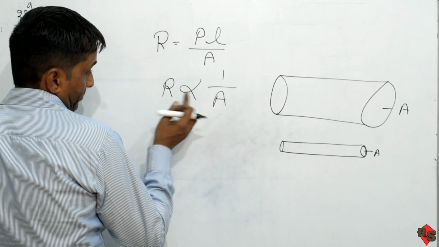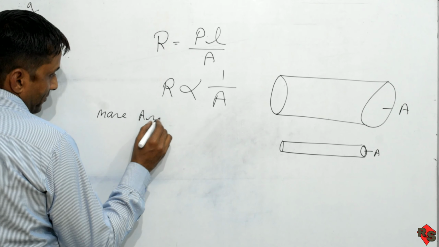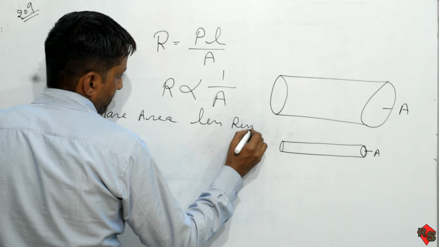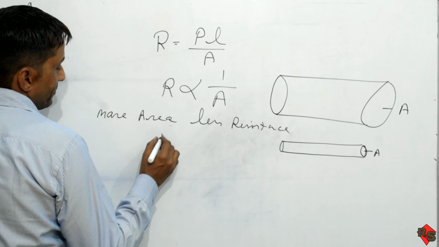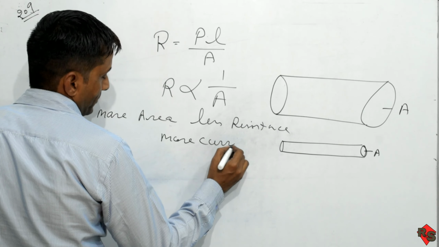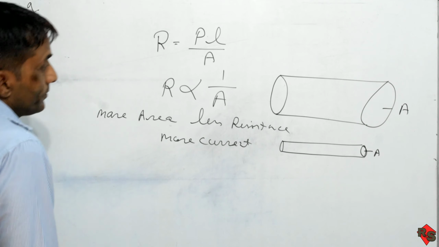More area, less resistance, more current. Clear? More area, less resistance, more current.